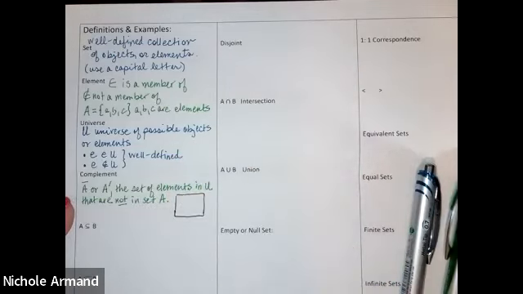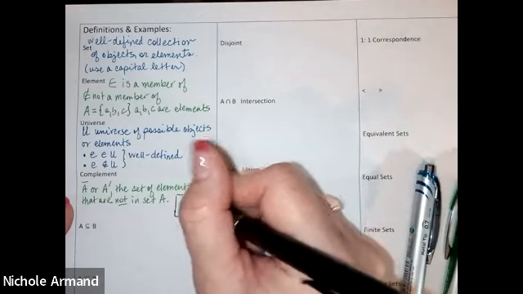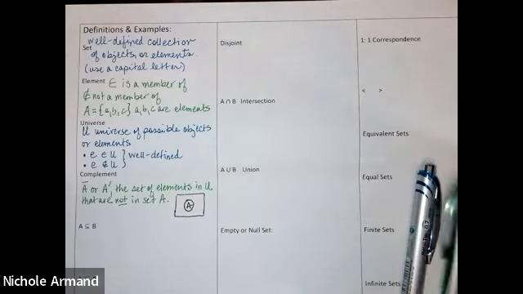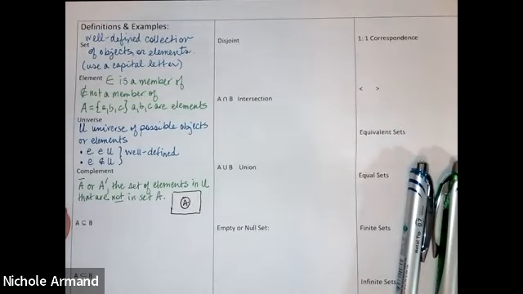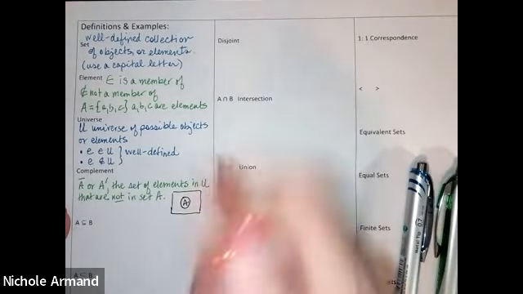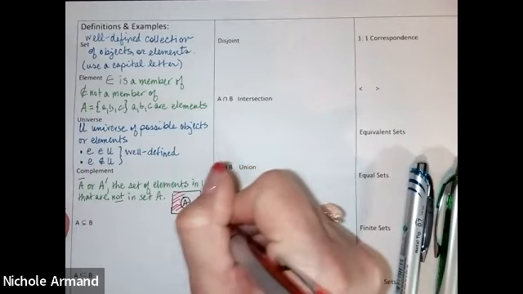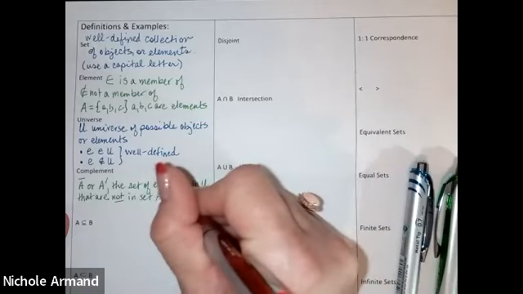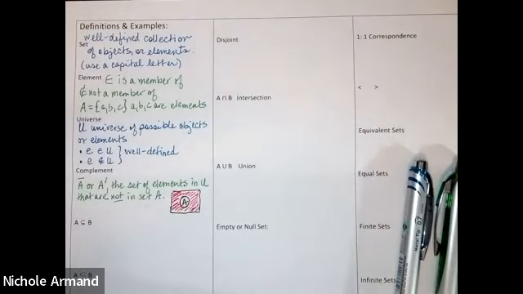And we will make a circle to denote set A, and then everything that is not in set A but is in the universe, and the box represents the universe, then that would be everything else. So everything in the universe that is not set A, that is the complement.